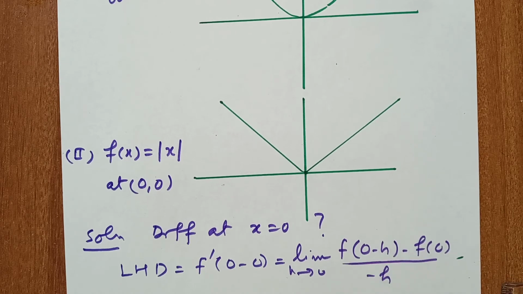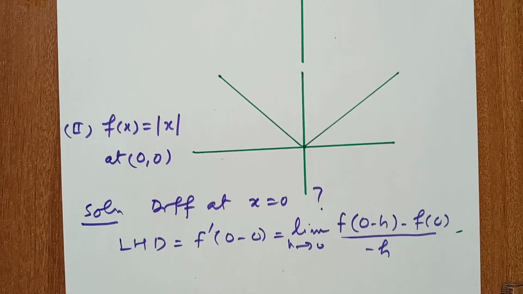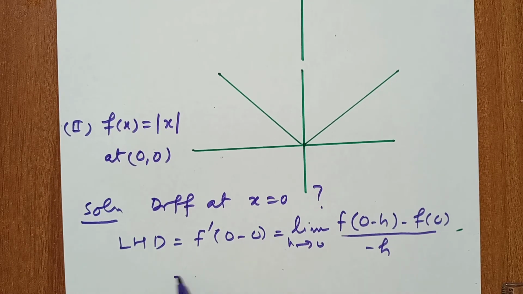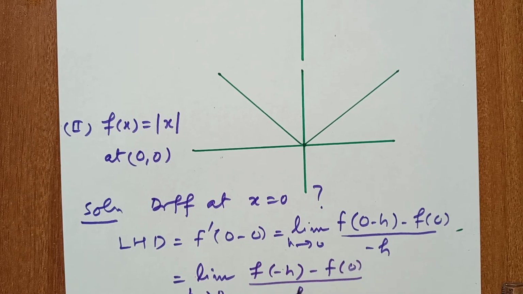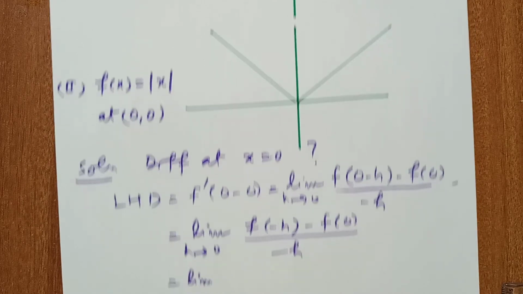Putting in the formula, f'(c - 0) is equal to limit h tends to 0 of f(c - h) - f(c) upon -h. Here c = 0, so this is limit h tends to 0 of f(-h) - f(0) upon -h.